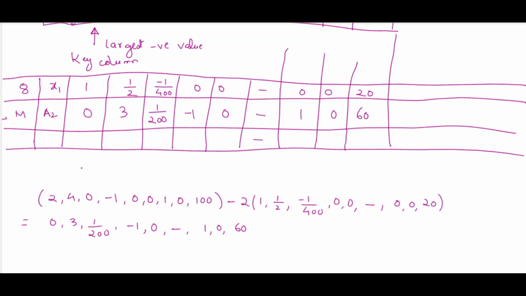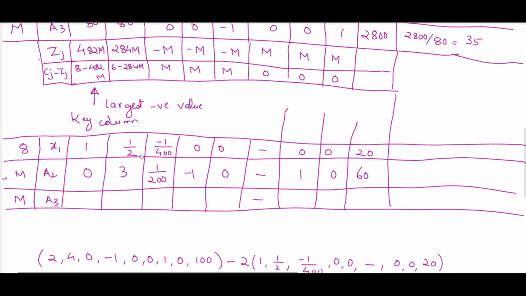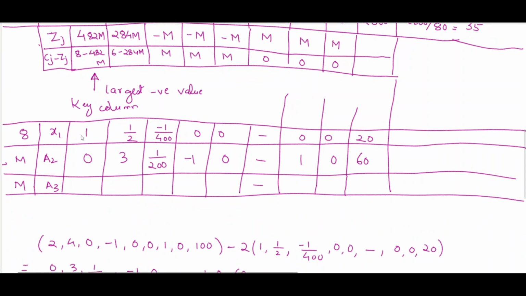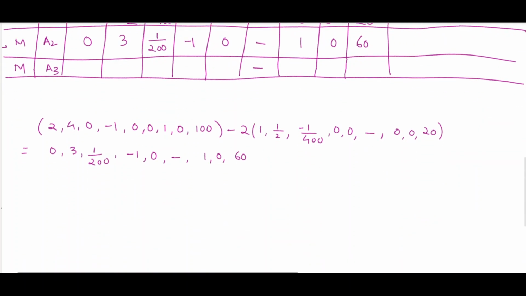Okay, you got it. Similarly, using the same rules, same way, you will compute for A3. How will you compute for A3? A3: 80, 80, 0, 0, minus 1, 0, 0, 1, 2, 8, 0, 0. The intersection element is your 80, minus 80 multiplied by 1, 1 by 2, minus 1 by 400, 0, 0, 0, 0, 20.